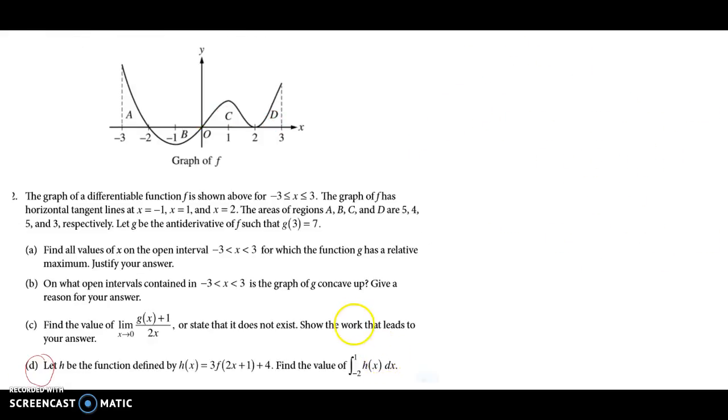Alright, now we're going to look at part D of this problem. So we're trying to find this value, the definite integral of this new function that's called h of x. So I rewrote it. I brought the 3 out front. So we're trying to find this integral.